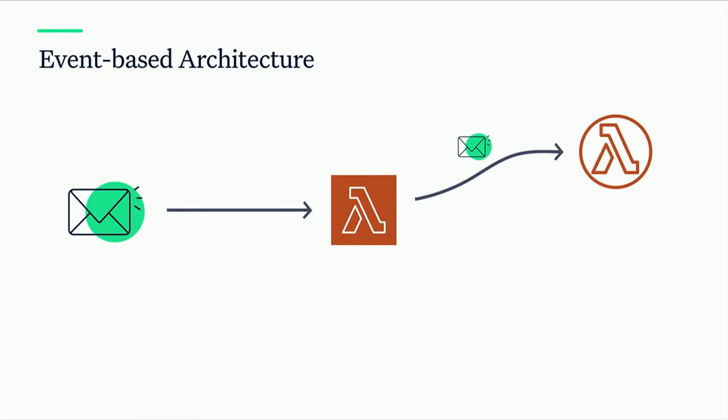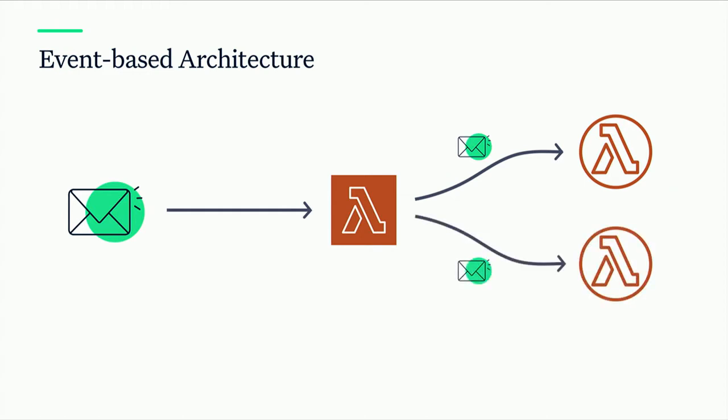And as soon as another request or another event comes in, it will reuse this instance. But as soon as you hit, for example, a traffic spike, it needs to make sure that the other events are handled as well. So it needs to create more function instances of your function. That means you might have a lot of instances for your function, not only one.